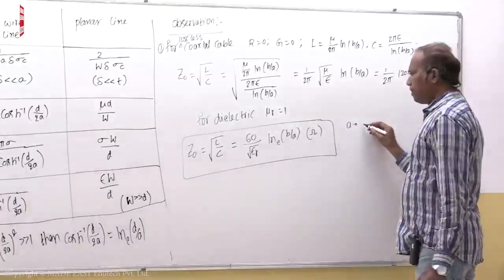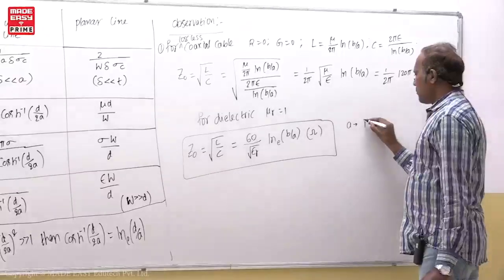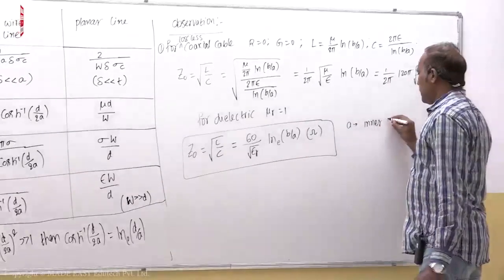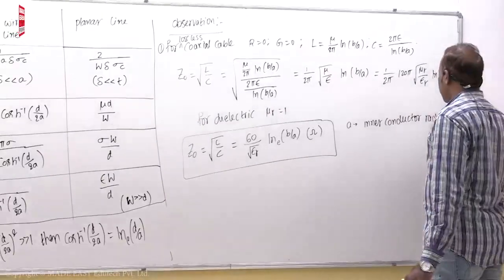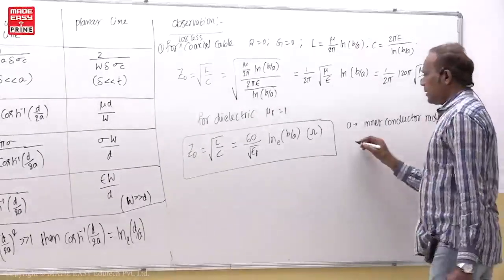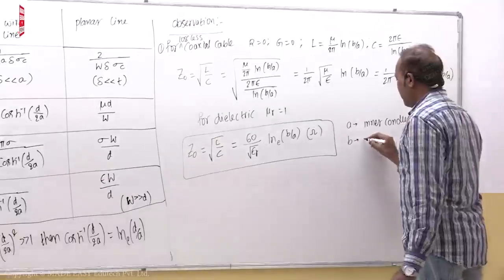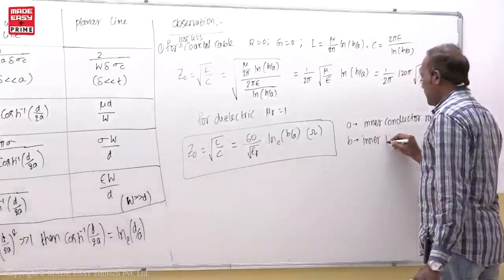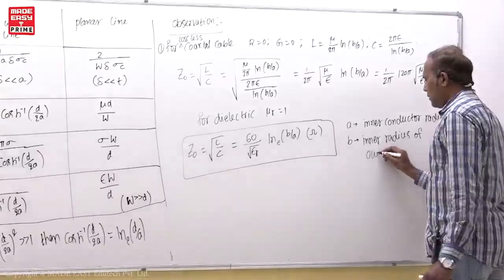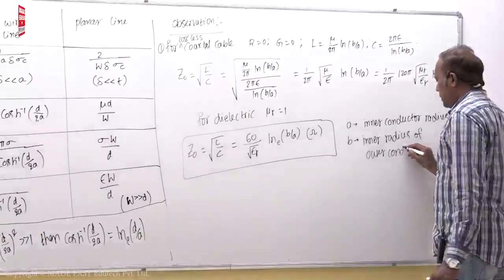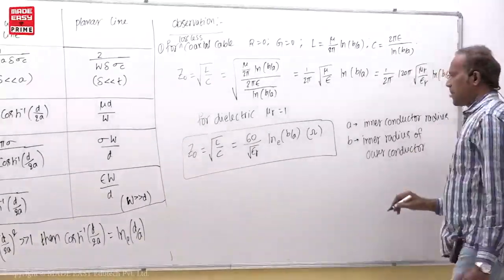A is the inner conductor radius. B is the inner radius of the outer conductor.